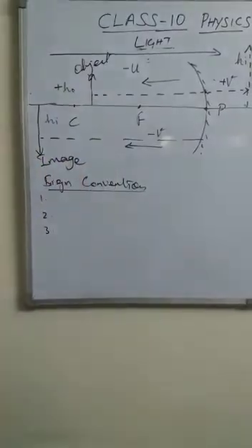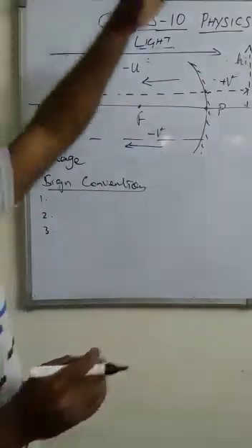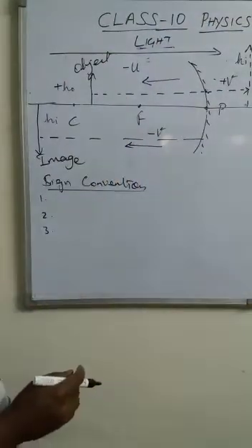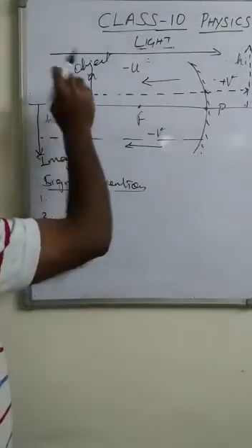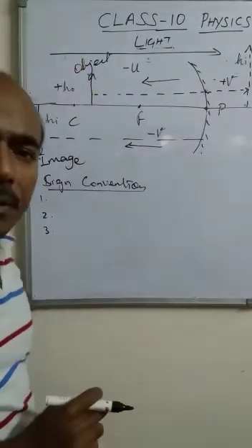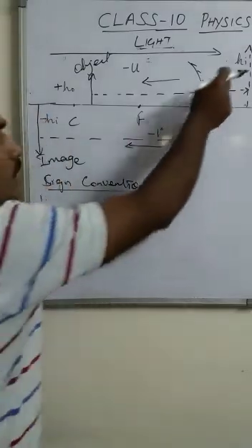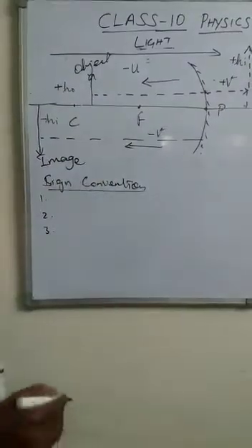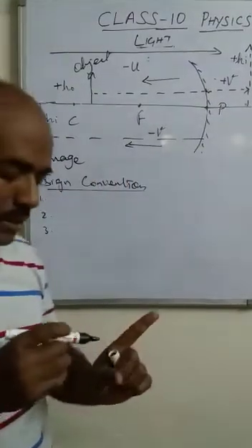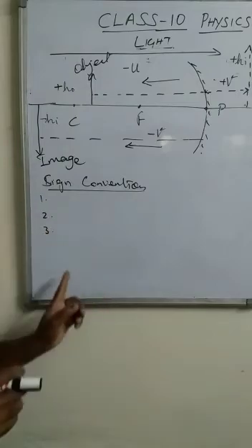The same thing we are using. The size measured above the principal axis is positive, and below the principal axis is negative. So this object is placed above the principal axis and the image is formed below the principal axis. This virtual image is formed above the principal axis, so it is positive.